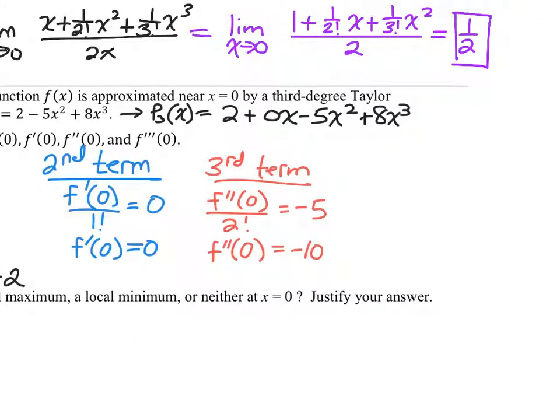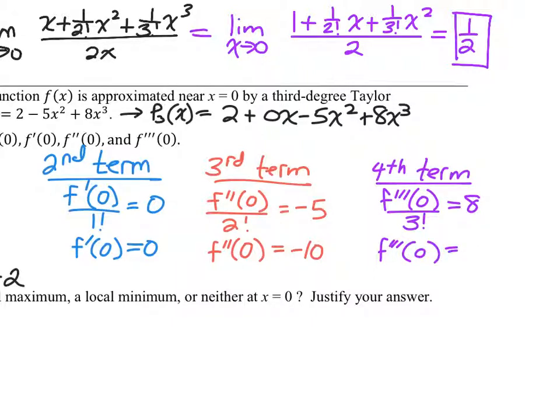And so the last part would be the fourth term. F triple prime of 0 over 3 factorial should equal 8. So f triple prime of 0, 3 factorial is 6, times 8 is 48.